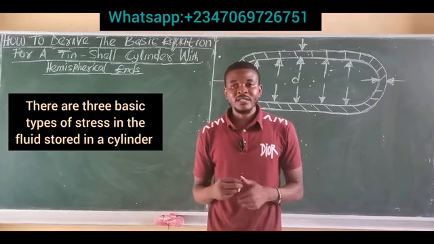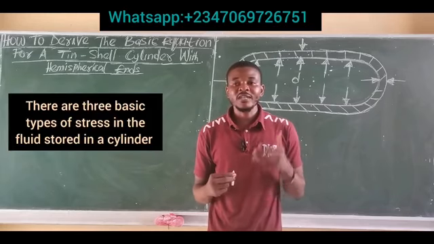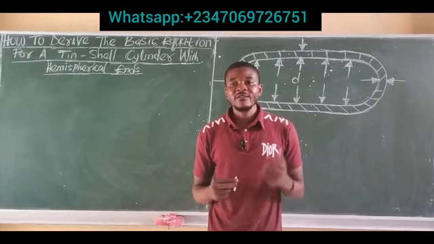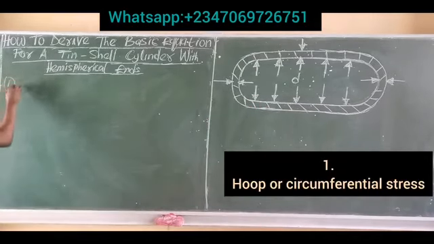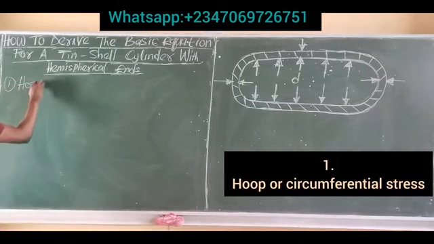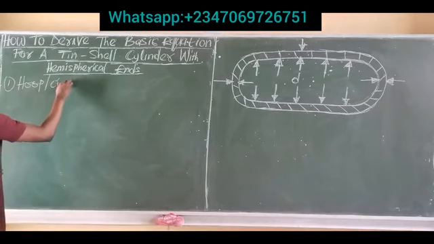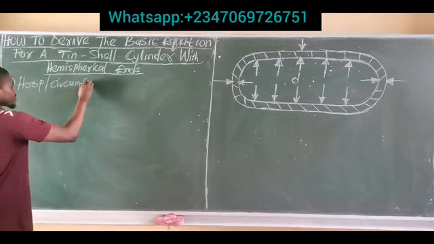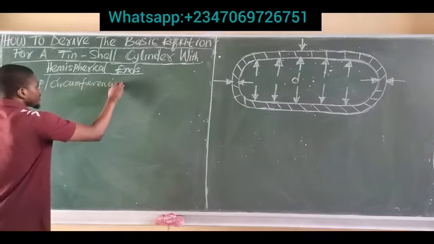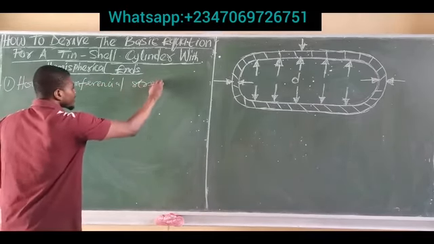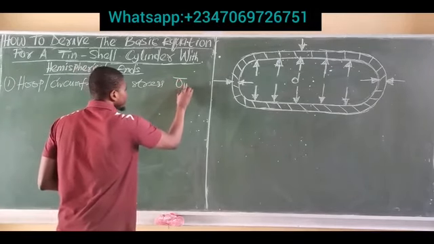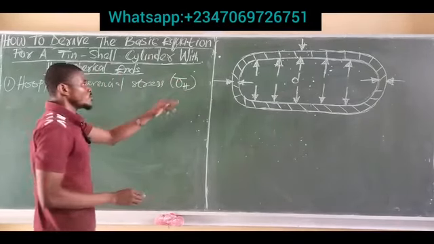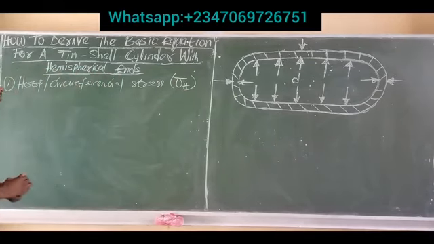There are three basic types of stress that take place in the fluid inside a cylinder. The first stress is called the hoop, or circumferential stress, symbolized by sigma H, where H stands for hoop and sigma stands for stress.